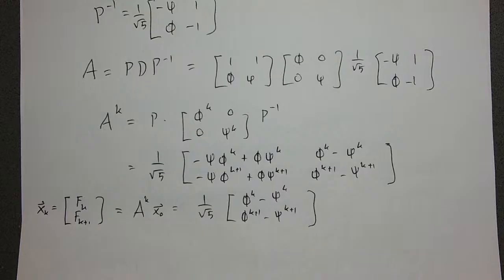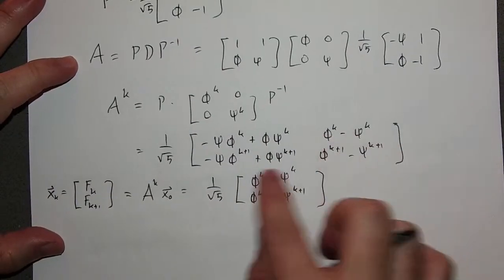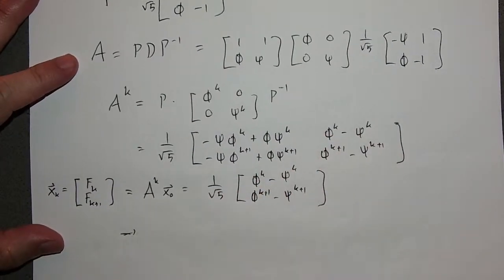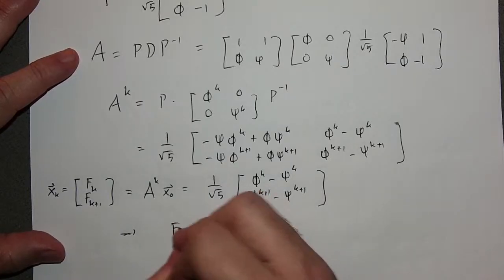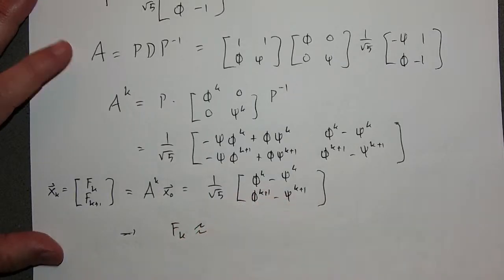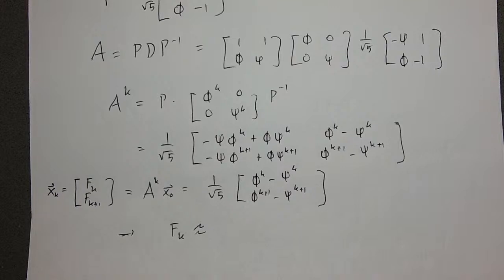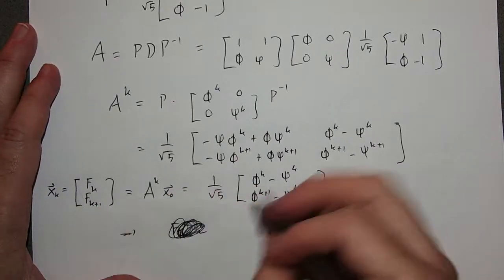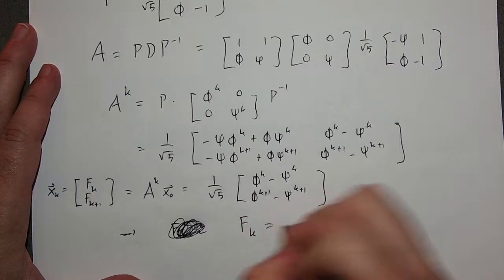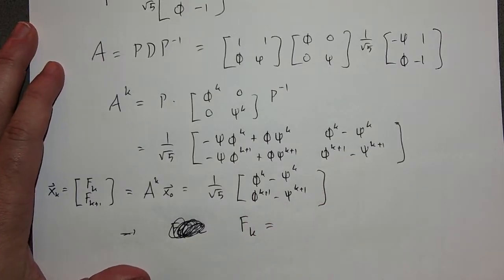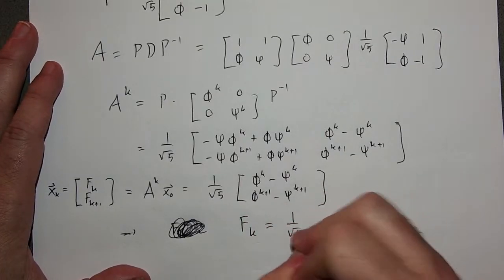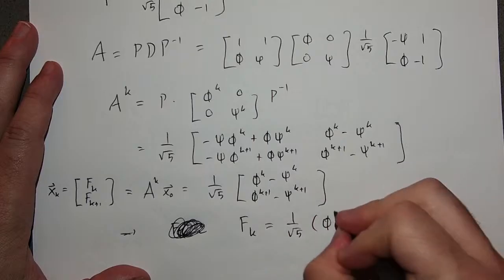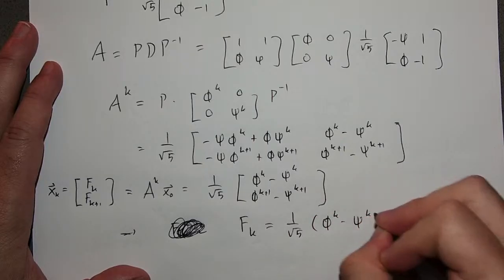So the formula that we're actually looking for is this top entry here. So what is f sub k approximately? Actually, I don't even need to here. F sub k, just directly from this, is equal to 1 over root 5 times phi to the k minus c to the k.